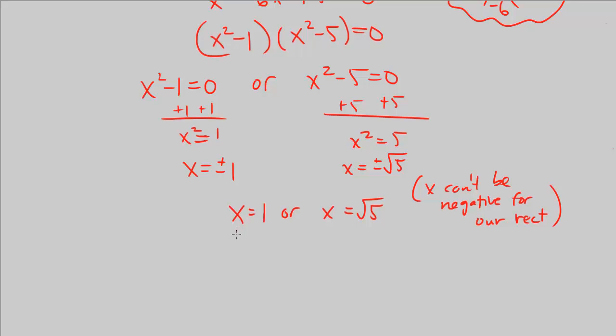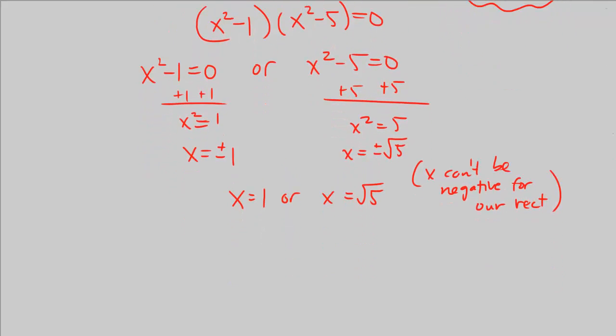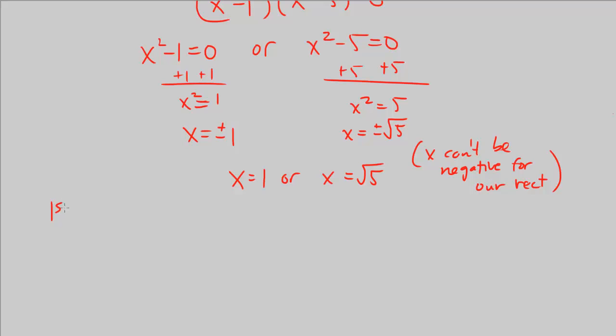So which one is the maximum? Because we want it to be a max. There's two ways actually. We could use the first derivative test, and then look at 1 and square root of 5, these regions.